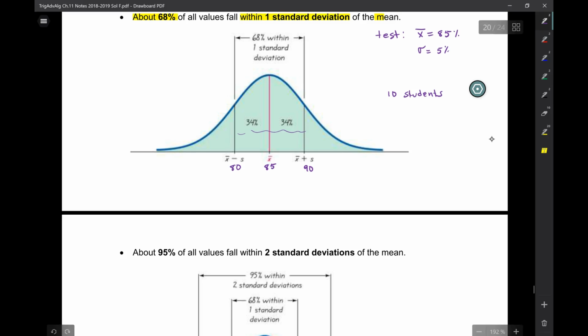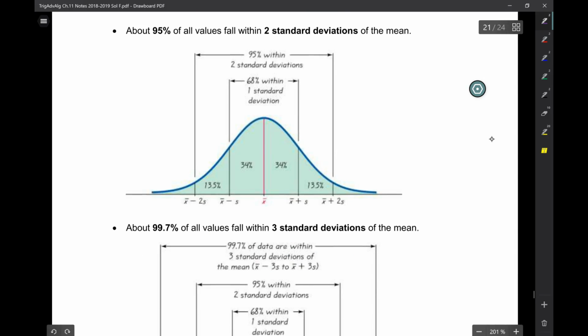Okay, so that's 68%. Now, if we widen it, the mean was 85, sorry, and one standard deviation went from 80 to 90. Now, if I go to 2 standard deviations, that's 75 and 95.